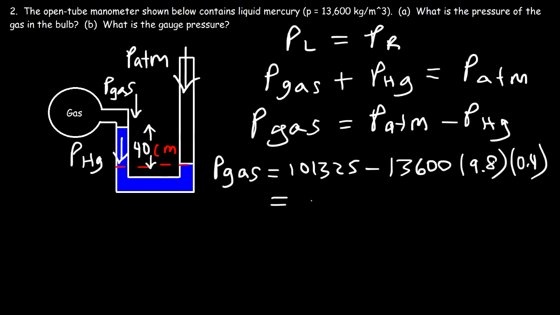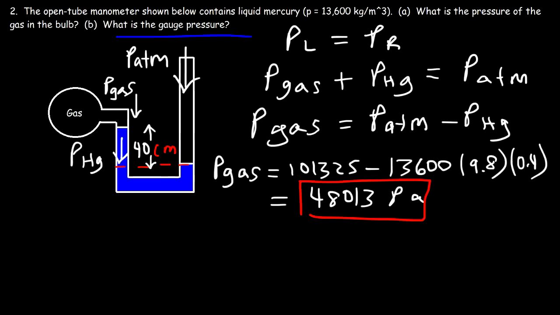So the pressure of the gas is pretty low. It's 48,013 pascals. Because the pressure of the gas in this problem is less than the atmospheric pressure, that means that the gauge pressure is going to be negative. To calculate the negative gauge pressure, we need to take the difference between the pressure of the gas and the pressure of the atmosphere.